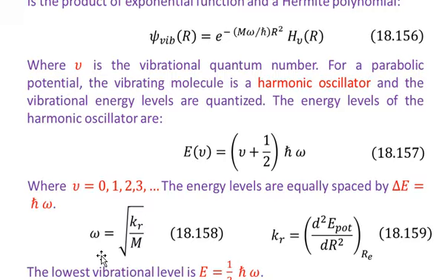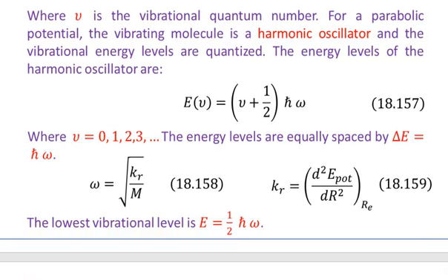So you see that omega is equal to the square root of kr over capital M. And kr is equal to d square E pot divided by dr square, evaluated at r equal to Re, where Re is the equilibrium separation. And if you put the value of v equal to 0 in equation number 157, you will get the lowest vibrational energy to be E equal to half h bar omega.